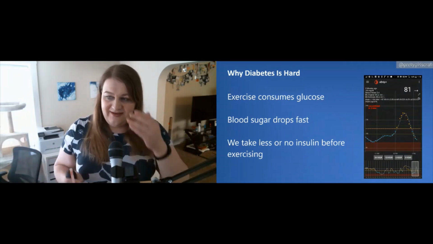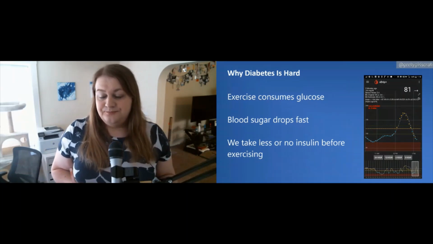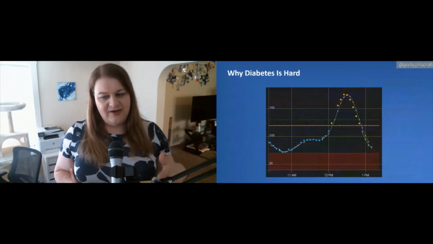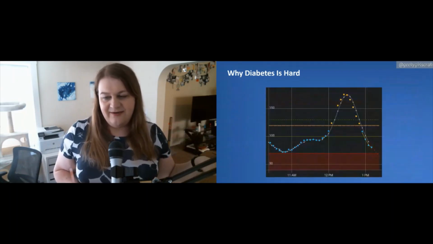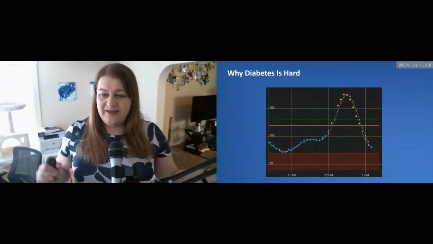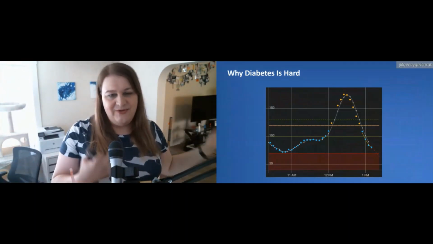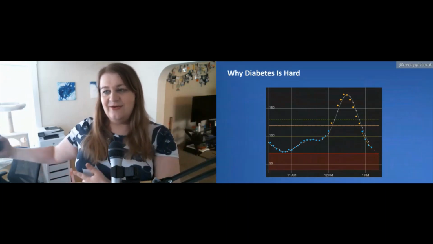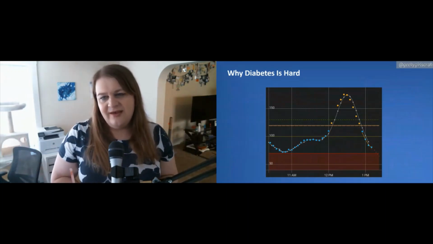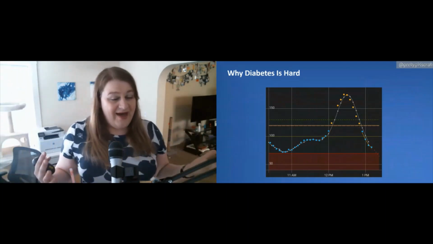In this case, this is one example of when I went bicycling. At my lowest, I hit about 75 milligrams per deciliter. It shot up to about 175 and then came right back down because I ate a whole bunch of food. I didn't take any insulin, and then I just literally burned it all off through exercise. So there's definitely a roller coaster that comes with that.